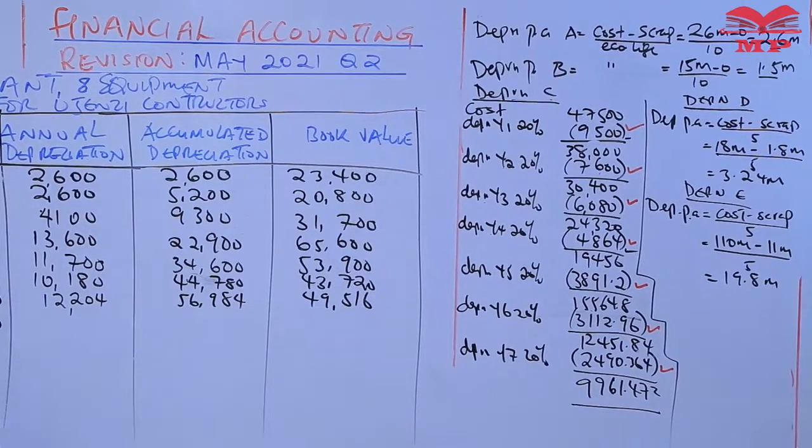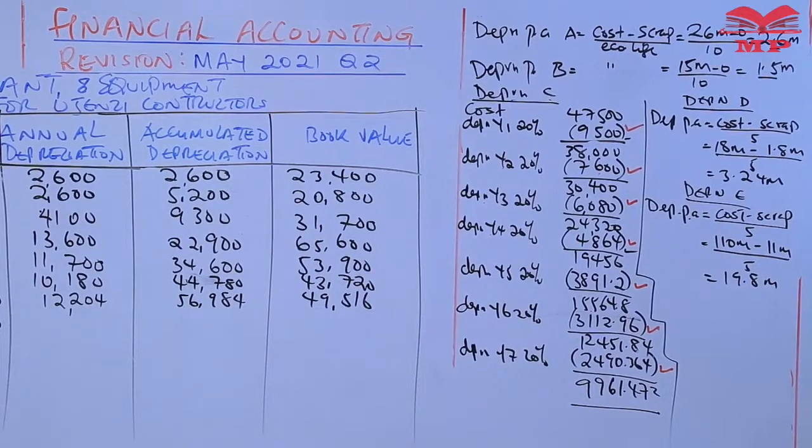We know, candidates, machine A annual depreciation is 2600. Machine B annual depreciation is 1500.